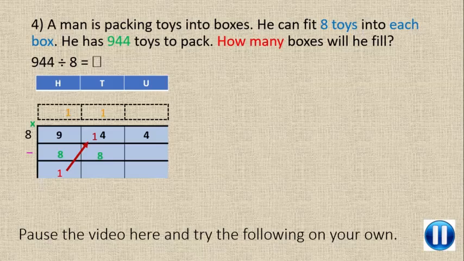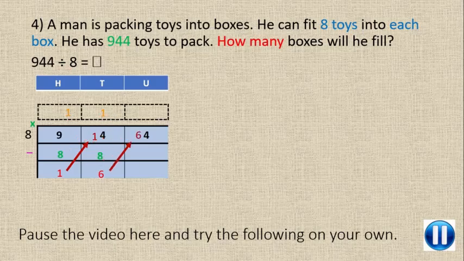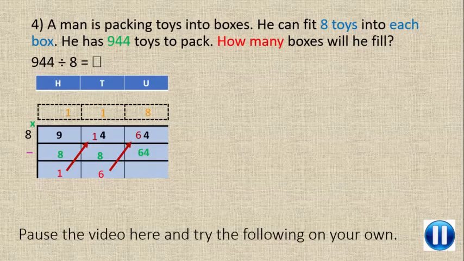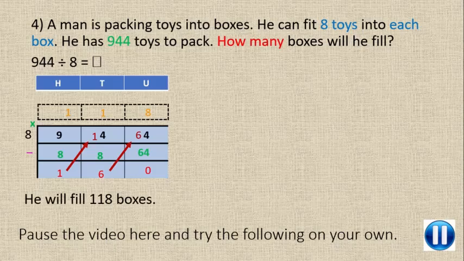Subtract. 14 minus 8 is 6. We bring up our 6 and it becomes 64. 64 divided by 8 is 8. 8 times 8 is 64. 64 minus 64 is 0. So our final answer is 118. And our answer sentence is he will fill 118 boxes.